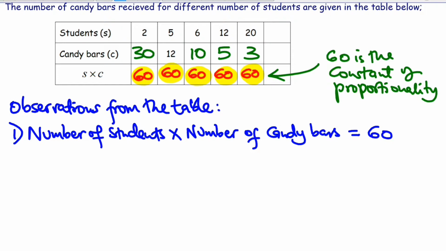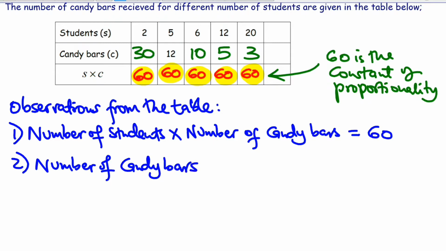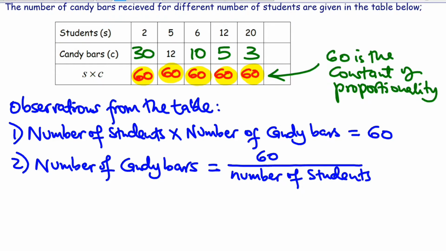Another thing that we can notice is that the number of candy bars is equal to 60 divided by the number of students. So 60 here is the constant of proportionality because it relates the two quantities.